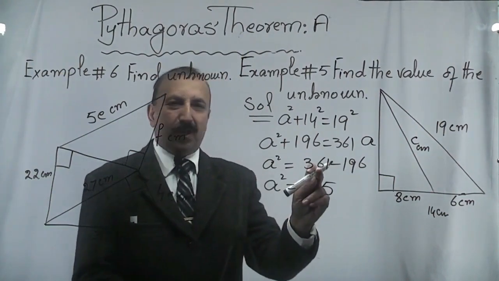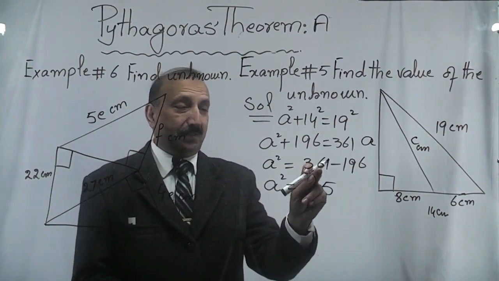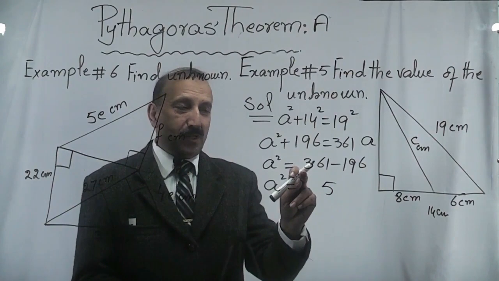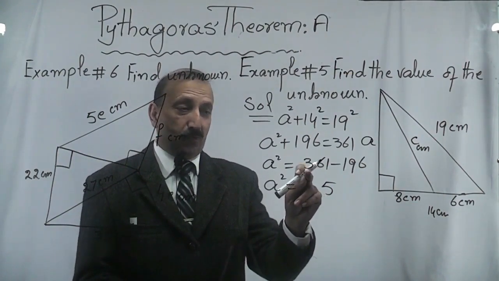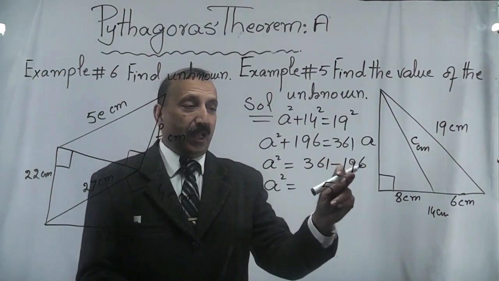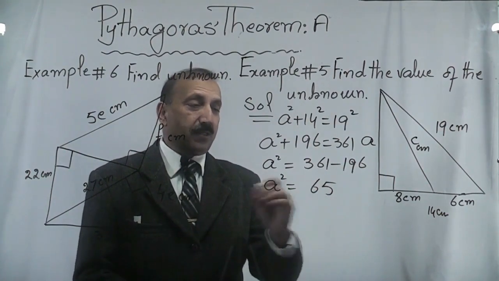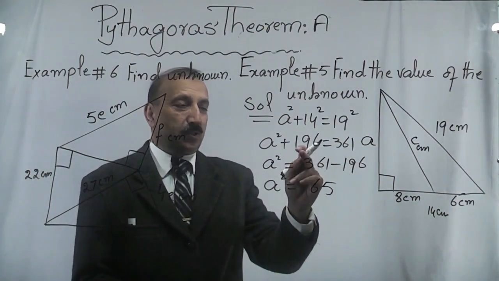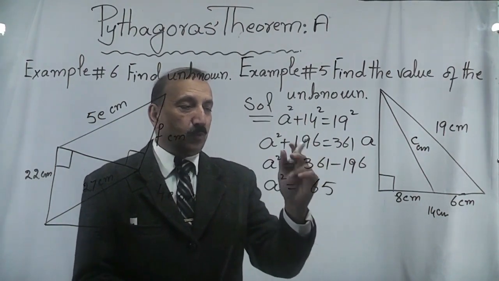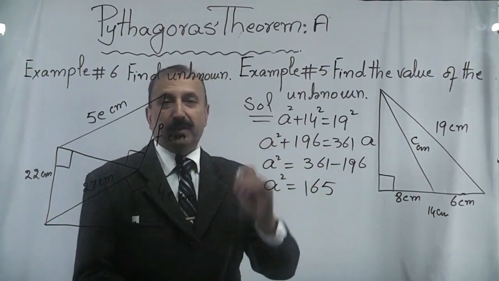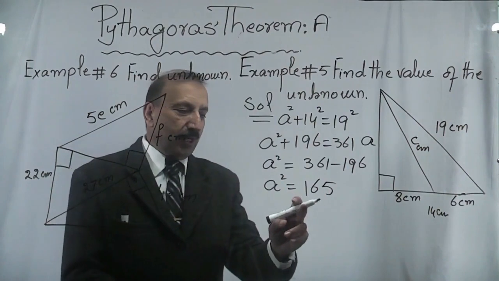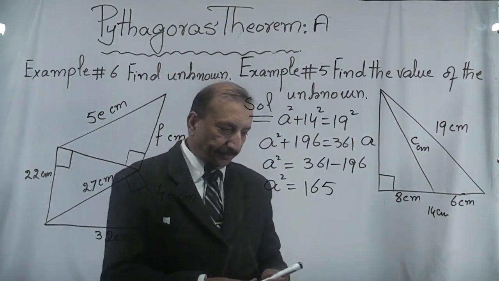Then borrowing 1 from here, it will become 15, and we will subtract 9 from 15, we will get 6 here, and here remaining is 2, subtract 1 from 2, we will get 1. Here is 165.